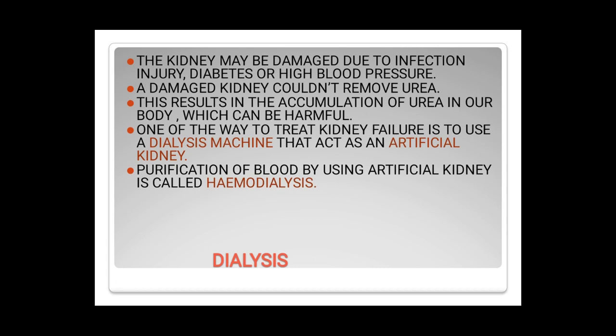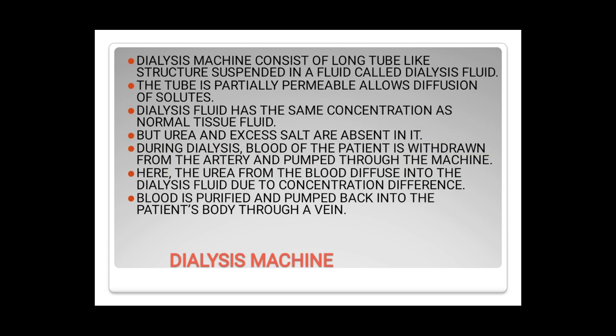Now let us talk about dialysis machine. Dialysis machine consists of a long tube-like structure suspended in a fluid called dialysis fluid. The tube is partially permeable, so it allows diffusion of solutes. Dialysis fluid has the same concentration as normal tissue fluid, but urea and excess salt are absent in it.